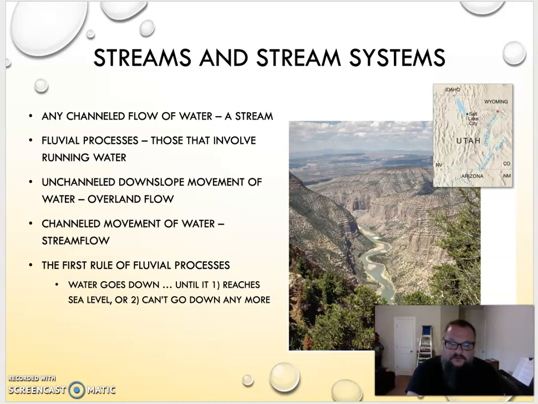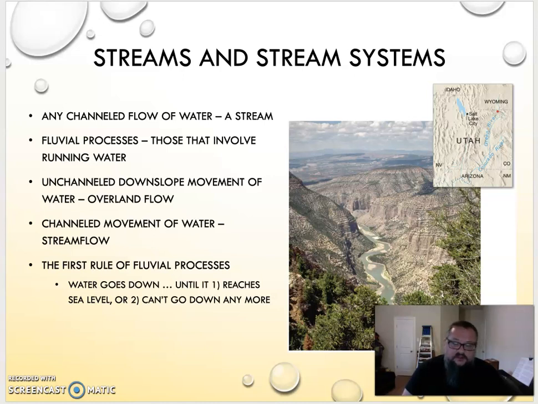That type of fluvial process is what we call overland flow, and we'll talk about that in a few minutes. Once those raindrops make it down to the bottom of the hill and into a stream, be it a very small stream or a very large stream, the processes that happen in that stream that shape the land around it are called stream flow.